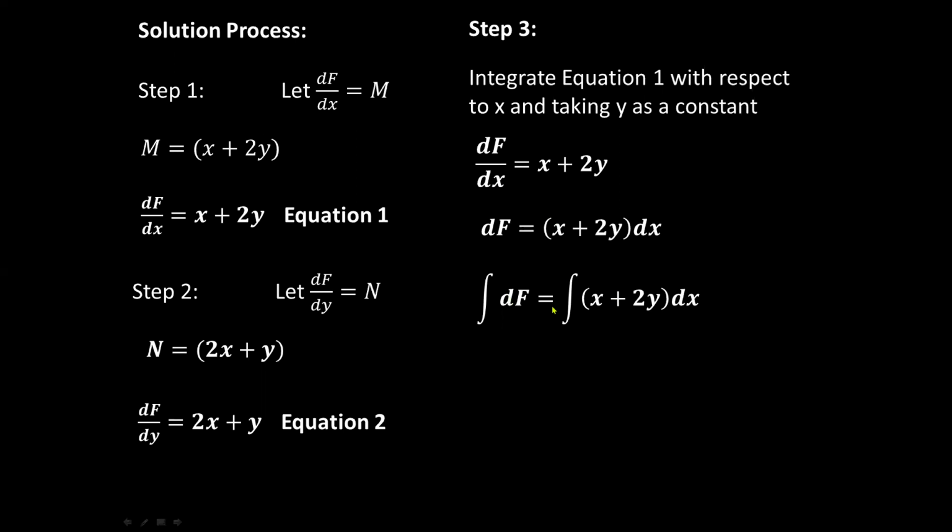F lang. Okay, ano ba ang integral ng x plus 2y dx? Anong integral ng x? X squared over 2. Anong integral ng 2y? 2xy. Magkakaroon siya ng x. Let us see.